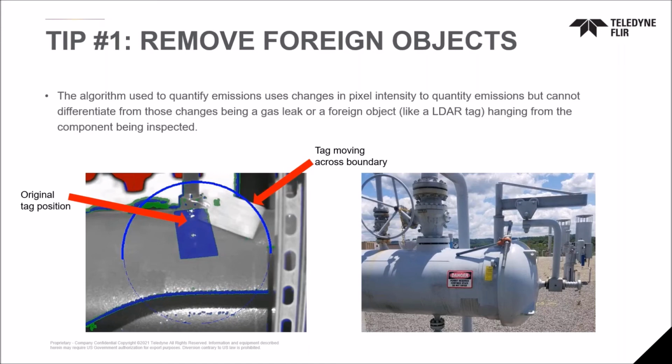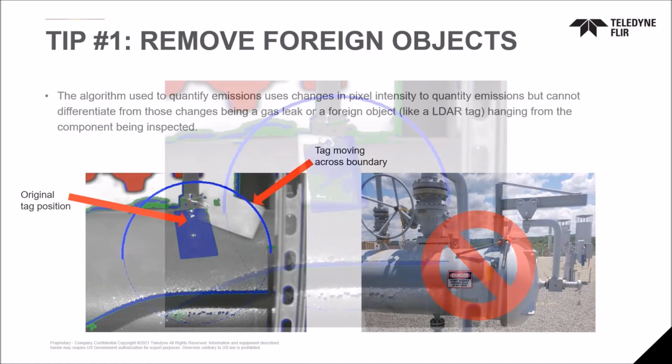So the number one call out, in my opinion, the number one tip, is don't ever use this when there is a foreign object like an LDAR tag or a marker, like a little orange marker to mark where the leak is. That becomes a challenge in trying to quantify this leak.